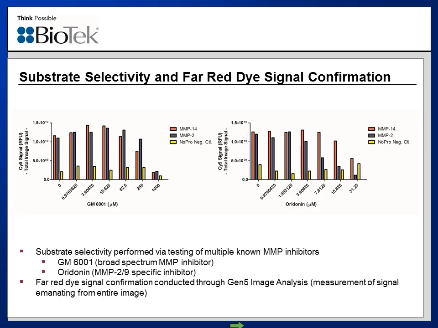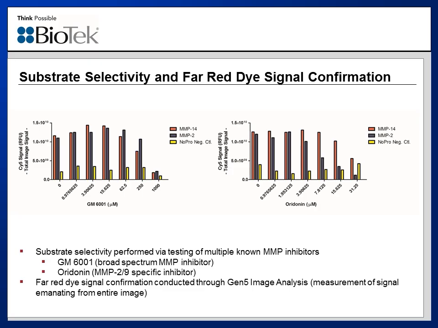Then a final confirmation that was performed to help ensure that the decrease in Cy5 signal was not just from the fact that the object mask was decreasing in size upon increasing compound concentration was to look at the total Cy5 signal generated within the entire image.